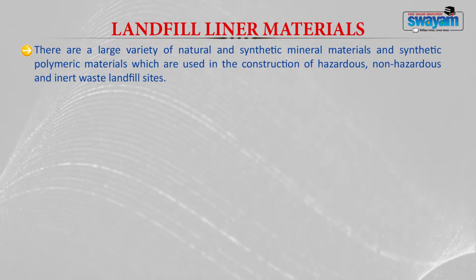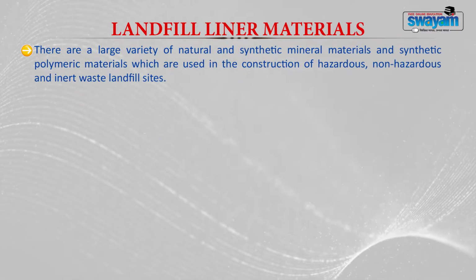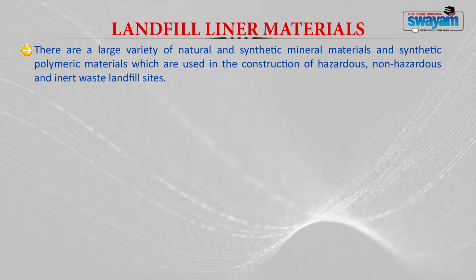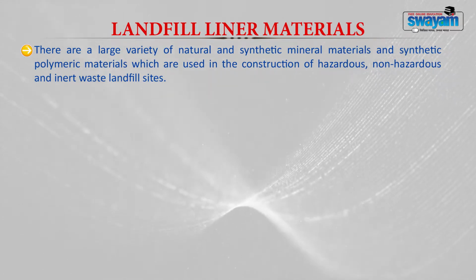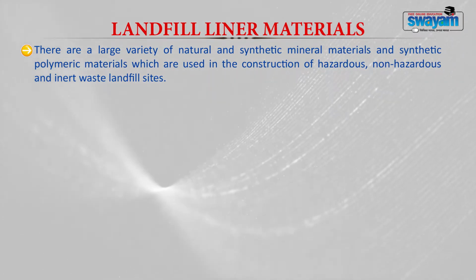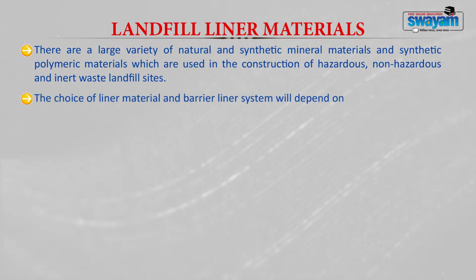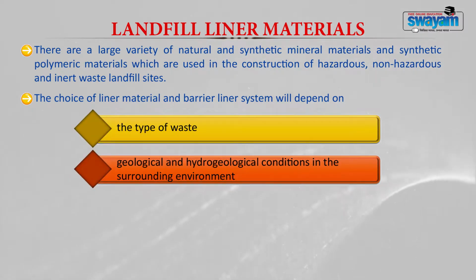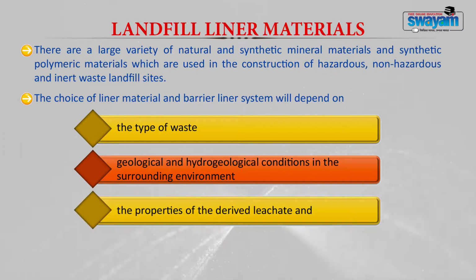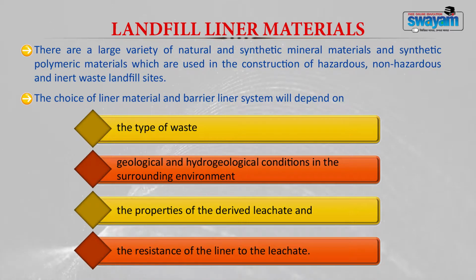A large variety of natural, synthetic mineral material and synthetic polymeric materials are used for the construction of hazardous, non-hazardous and inert waste landfill sites. The choice of liner material and barrier will depend on the type of waste, geological and hydrological condition in the surrounding environment, the property of derived leachate and the resistance of the liner to the leachate.